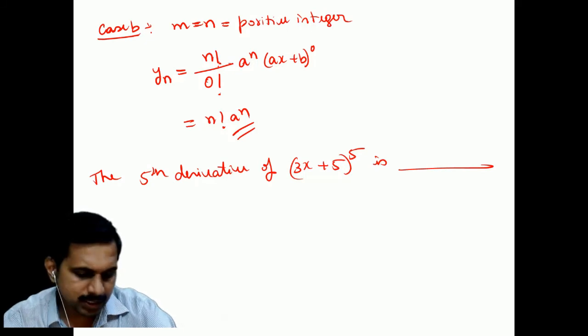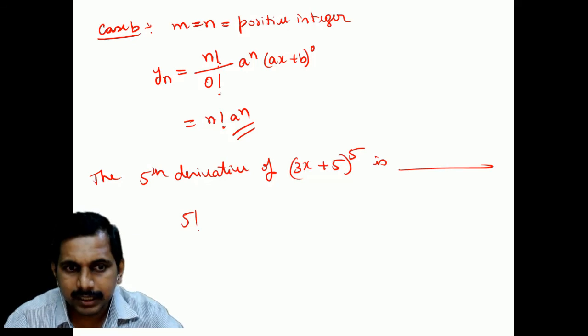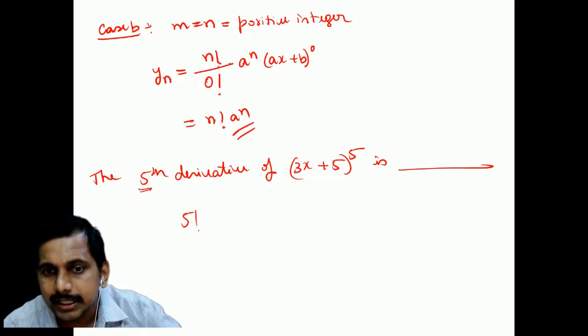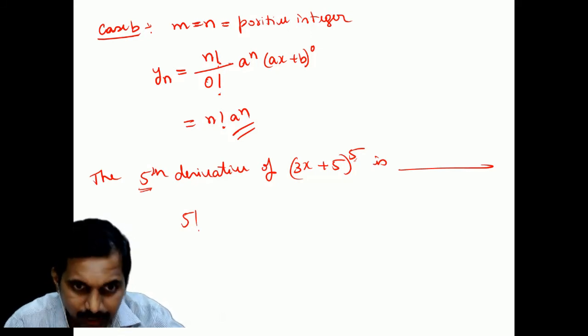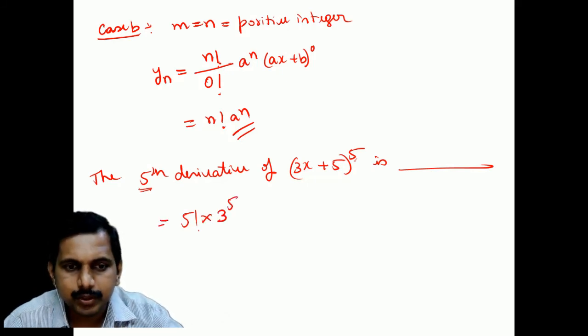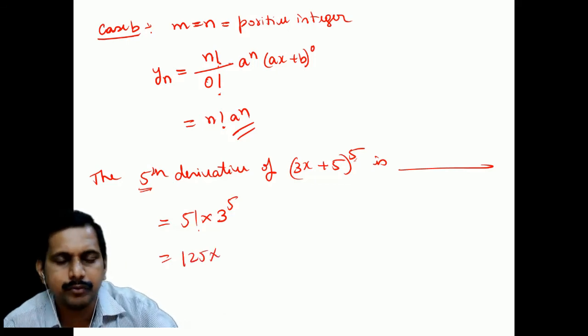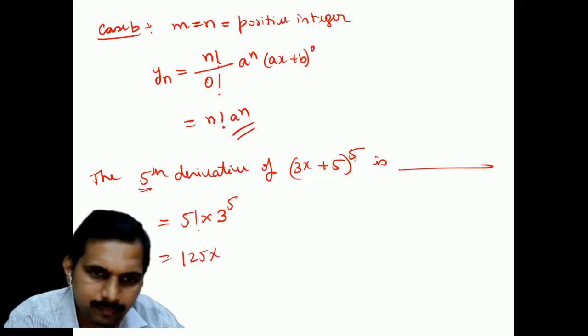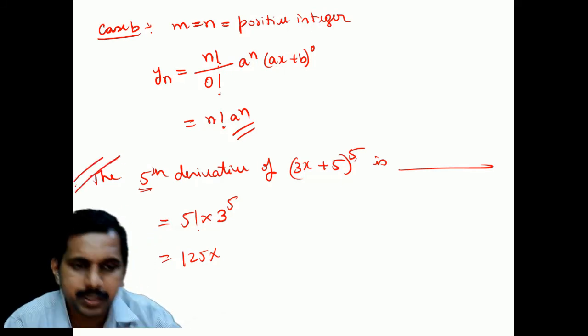If I consider that, what is the answer here? It is 5 factorial, because this is the fifth derivative, and the power is 5, so n is 5. So it is 5 factorial into a raised to n, that is 3 raised to 5. That is the answer. 5 factorial is 120, so it is 120 into 3 raised to 5. You have to calculate, students, and tell me what is the answer. These kind of questions may appear, students. Please be prepared for these kind of questions.